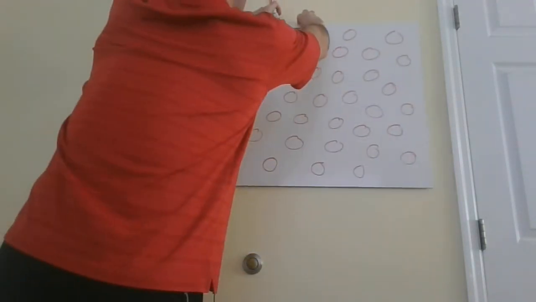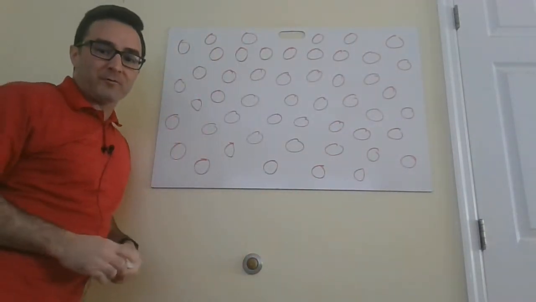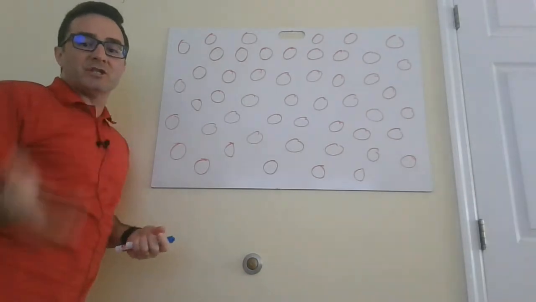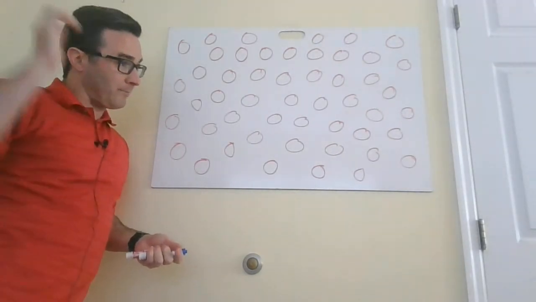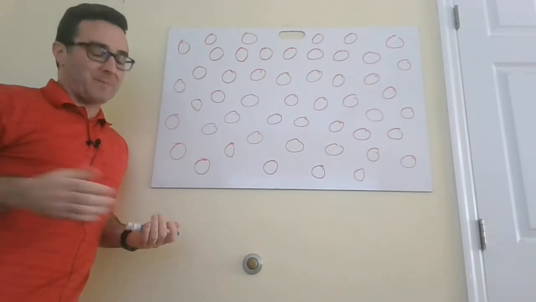I wish I could have drawn 100 circles, but then it might not have been big enough. So I drew 50 here. Each one of these circles represents a person, okay? I wanted to do 50 or 100 because it makes the math easy.